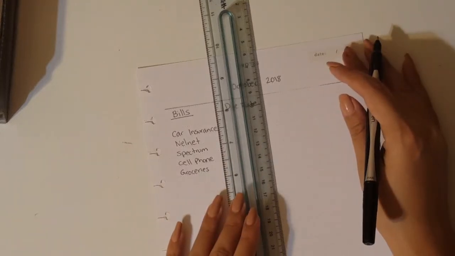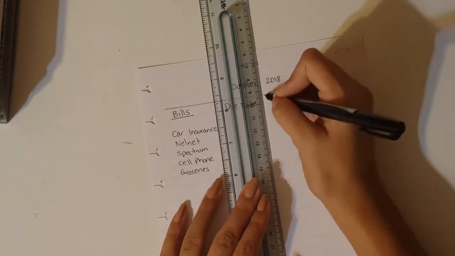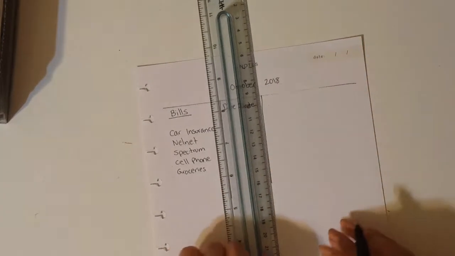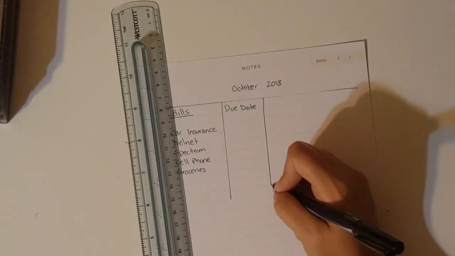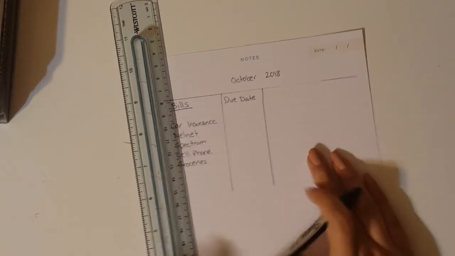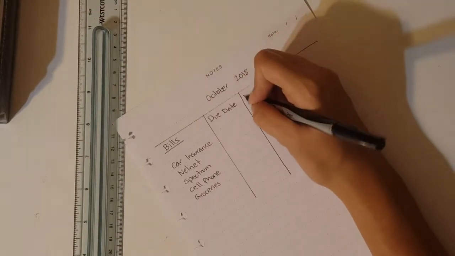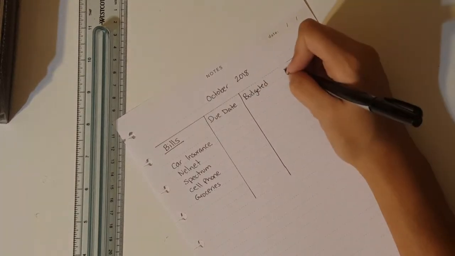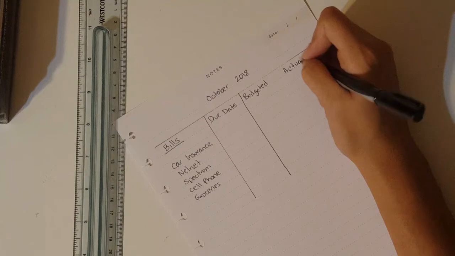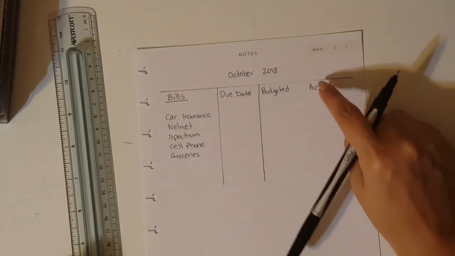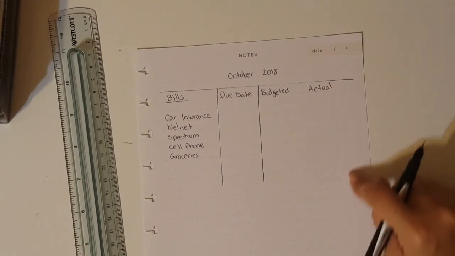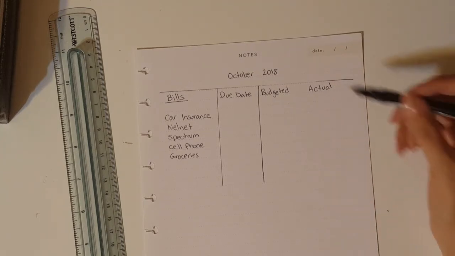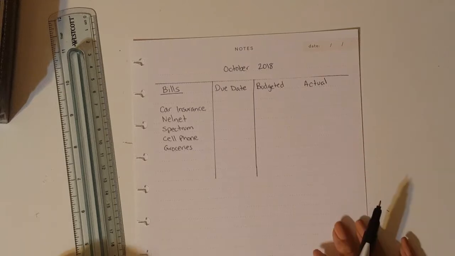This is the first time I'm using this layout, so just bear with me until I get a little bit used to it. Then I'm going to put budgeted, and then we're going to have actual. For the actual, I'm going to do it at the end of the month or at the end of the cycle, depending on whether I decide to do it bi-weekly or monthly.